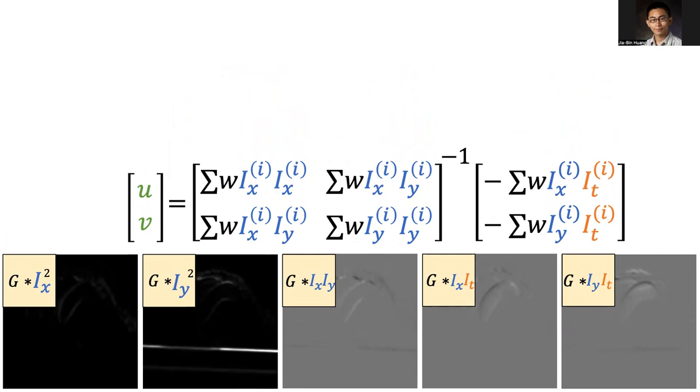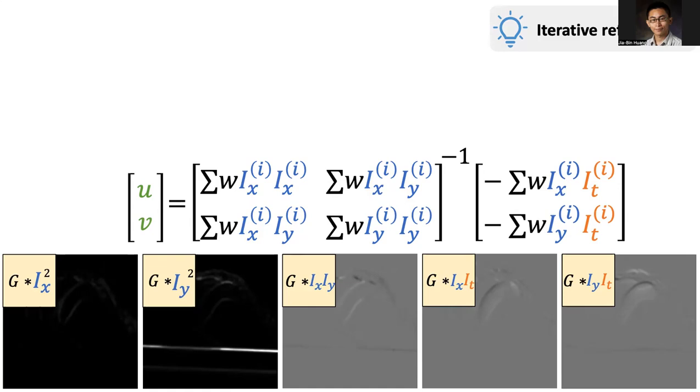The first problem is that because we make the assumption that u and v are small, this only works when u and v are small. So you cannot get to the solution immediately. If your motion is slightly larger, this solution does not give you the actual answer in one shot.